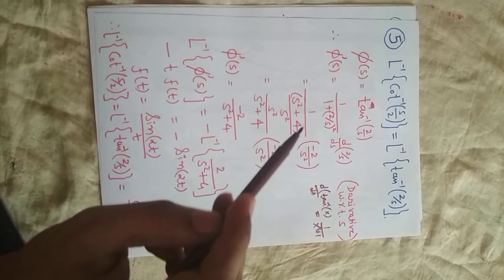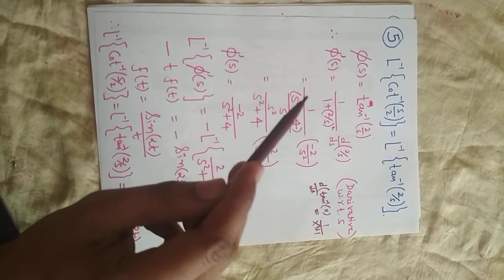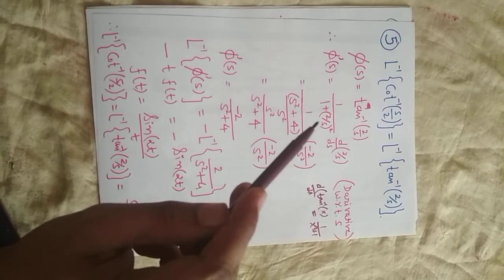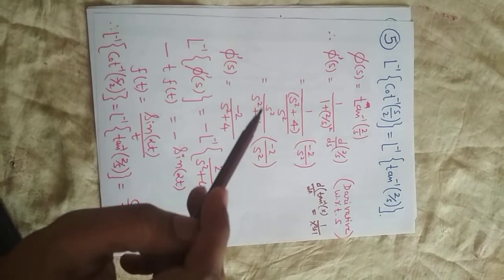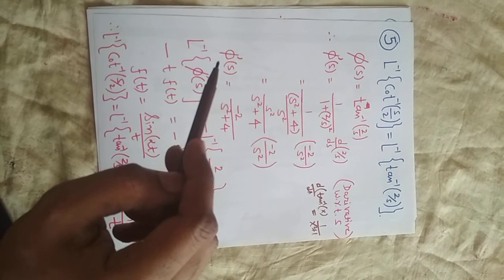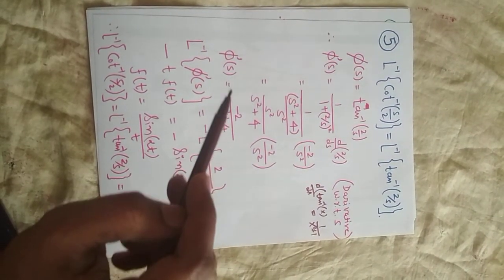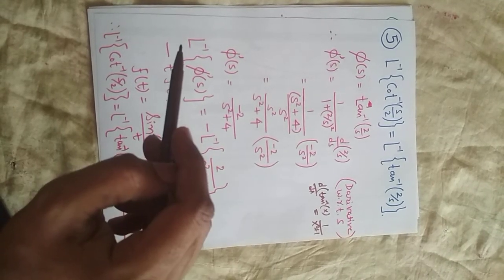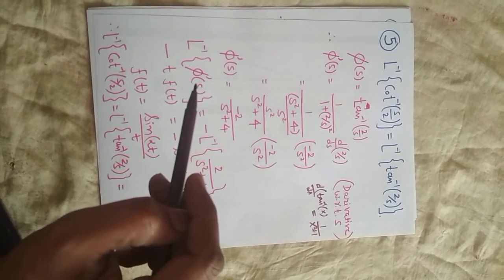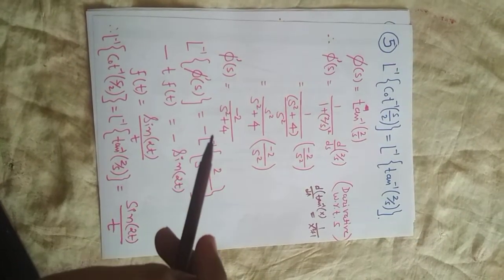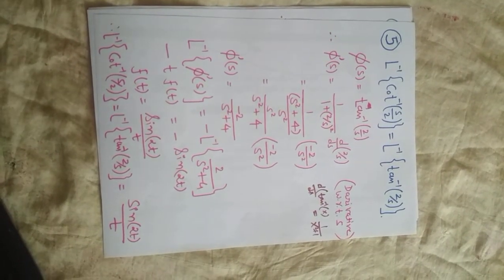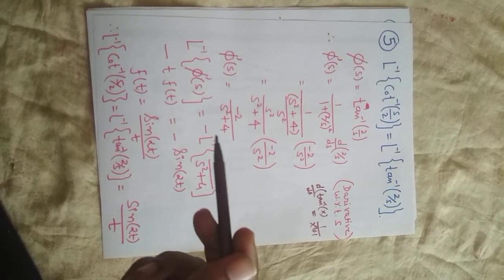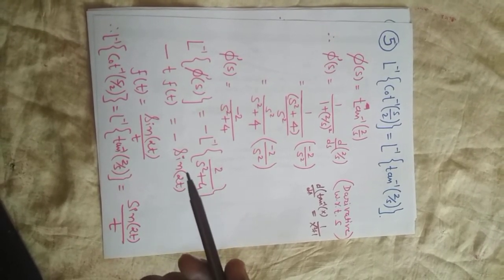Now simplify this part. Taking the LCM in this denominator, s square plus 4, s square goes to the upside, s square cancels. Then the final answer is phi dash s equals minus 2 upon s square plus 4. Now L inverse of phi dash s equals minus L inverse of 2 upon s square plus 4. Now we know the inverse Laplace of this part. This is the Laplace of sine 2t.